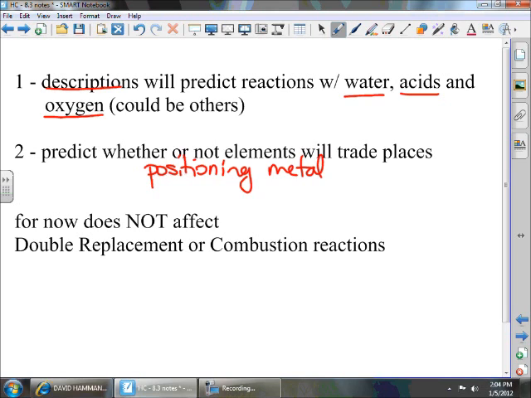There's no numbers to it, but it does give us a ranking system. For our purposes, this activity series is not going to apply to double replacement reactions or combustion reactions. We'll take care of double replacement reactions later. And as far as combustion reactions are concerned, if there's oxygen present and there's heat present, they're always going to happen. So there's nothing really to refer back to to predict the outcome of a reaction.